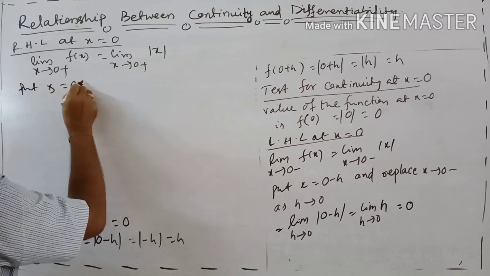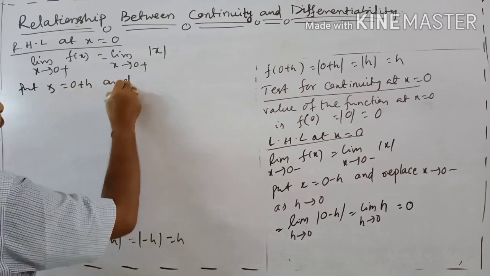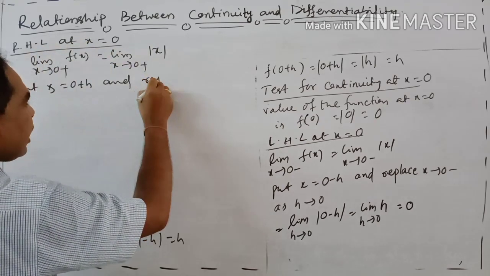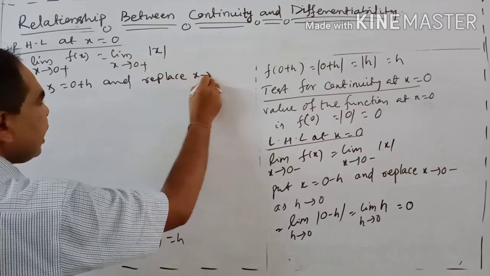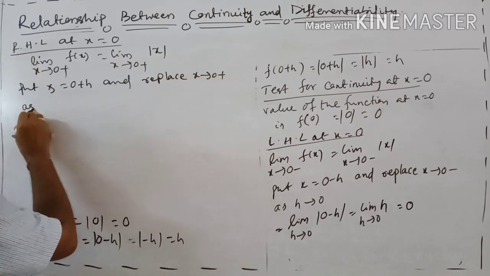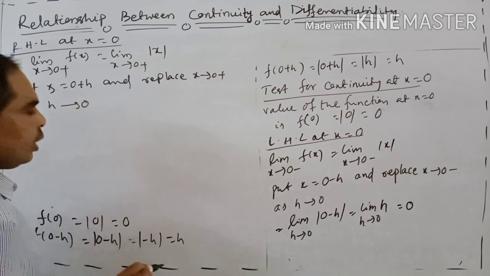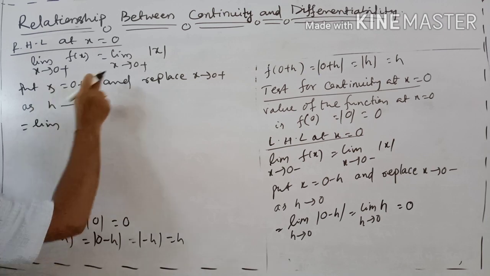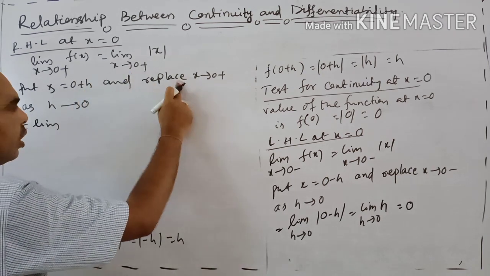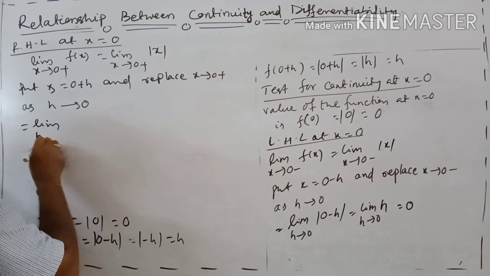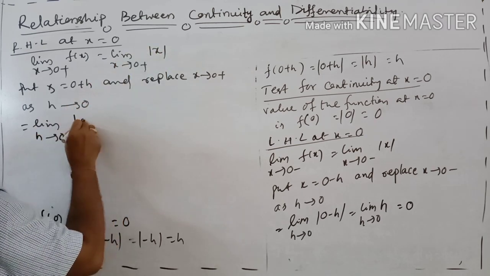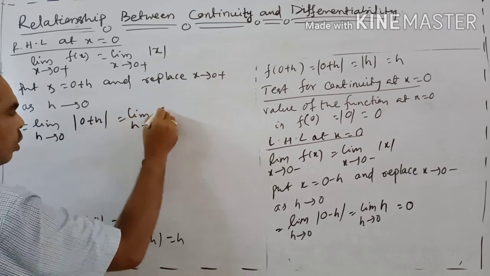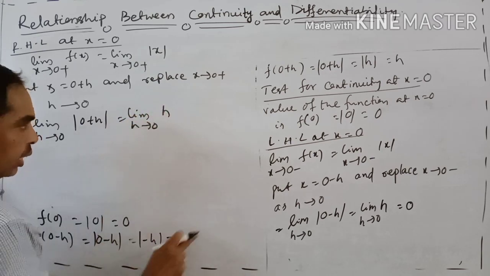Put x is equal to 0 plus h, and replace x tends to 0 plus as h tends to what? 0. So this is equal to limit h tends to 0 of mod of 0 plus h, which is limit h tends to 0 of h.